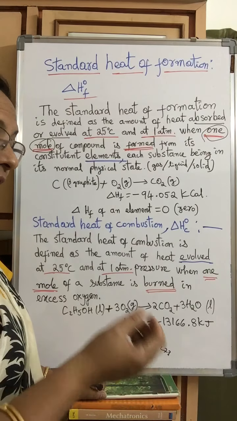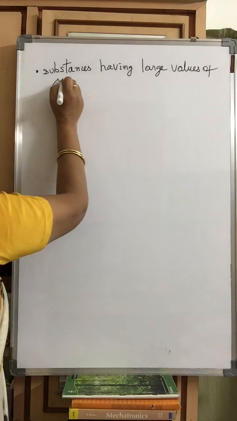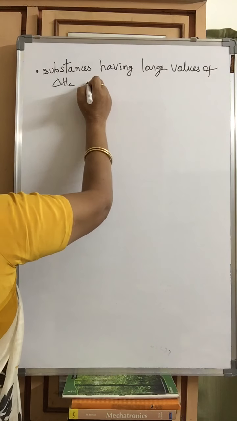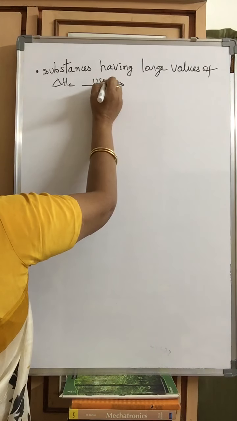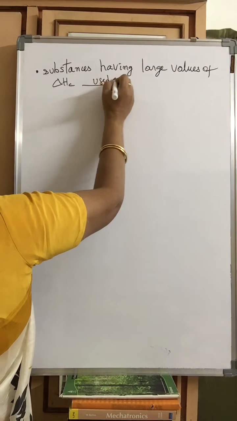So substances having large values of delta Hc can be used as fuels, meaning a large amount of heat will be evolved.